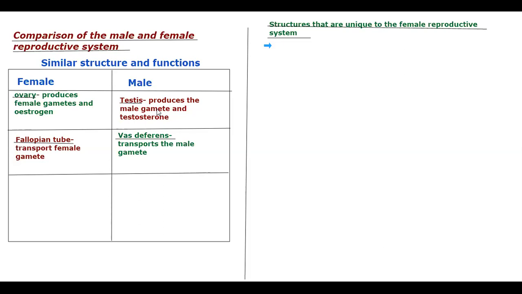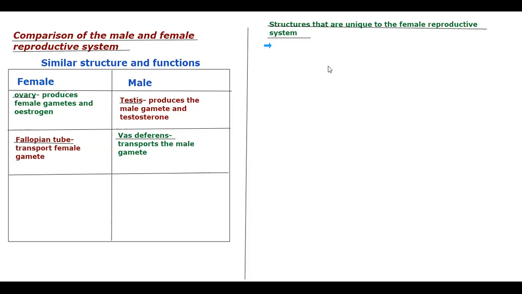What structure is there in a female that there's nothing similar to it in a male? Or like the physical structure? Is it because the male reproductive system is on the outside while the female is more inside? That too. But the actual structure, no.